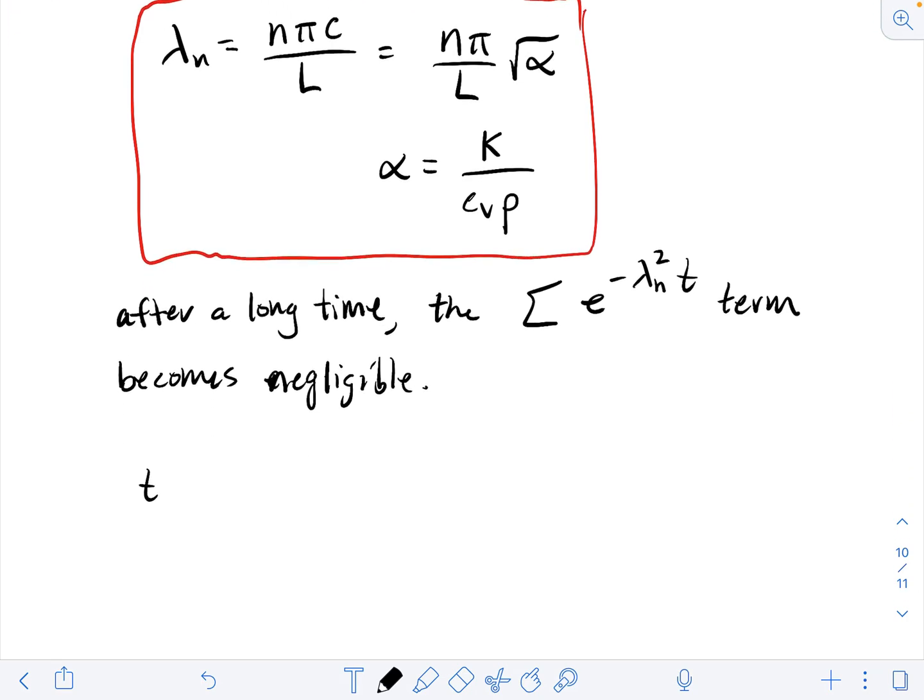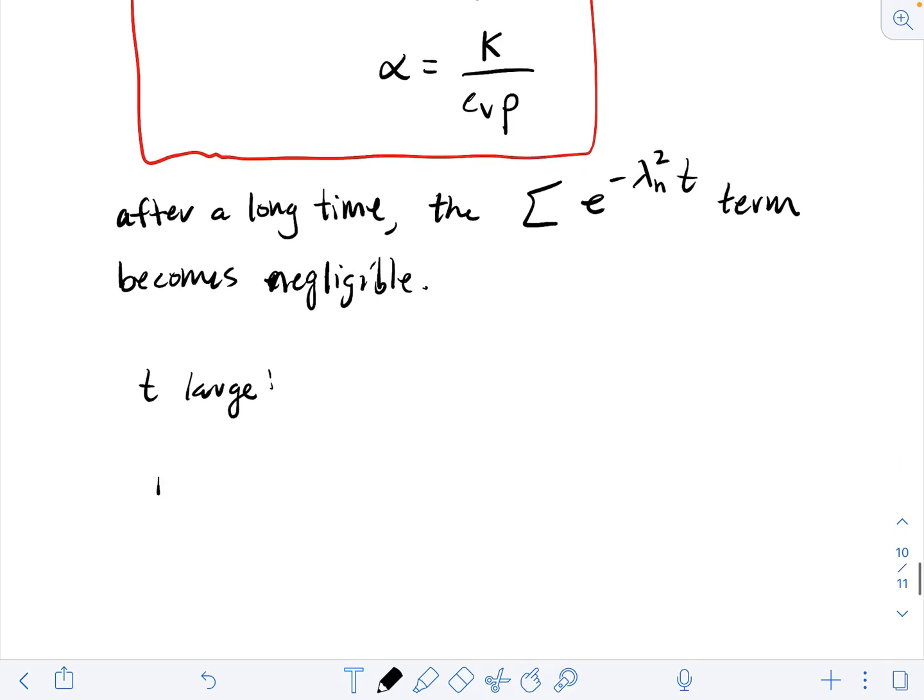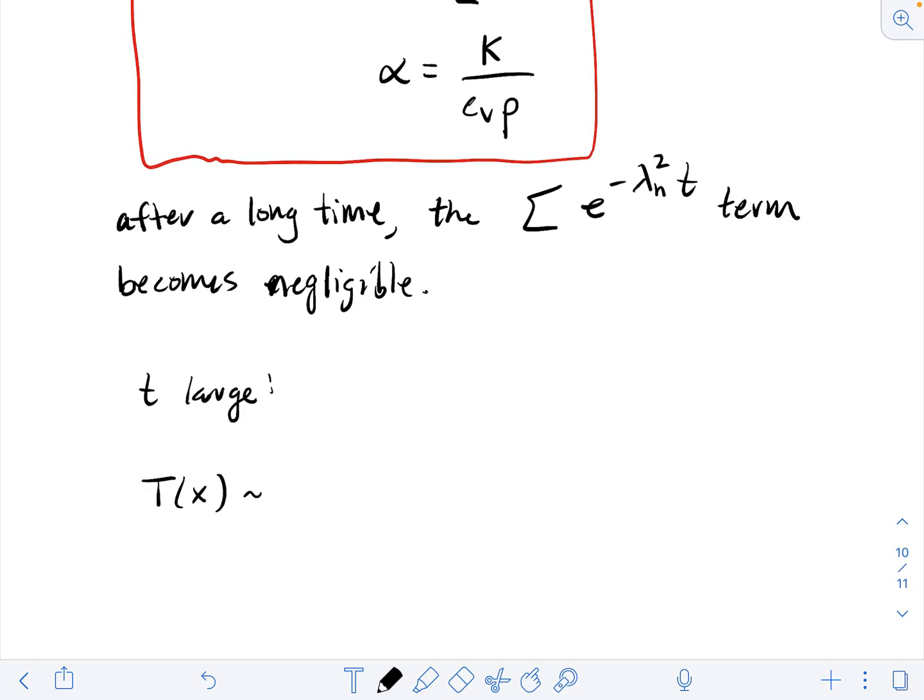Okay, so for t large, T of x becomes independent of time, and then it's going to be approximately just T0 plus (T1 minus T0) times (1 minus x over L).